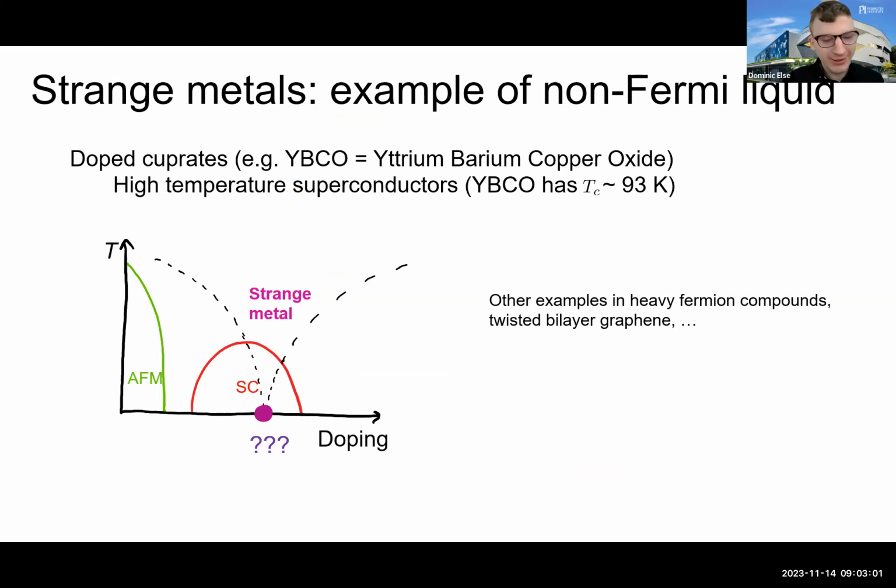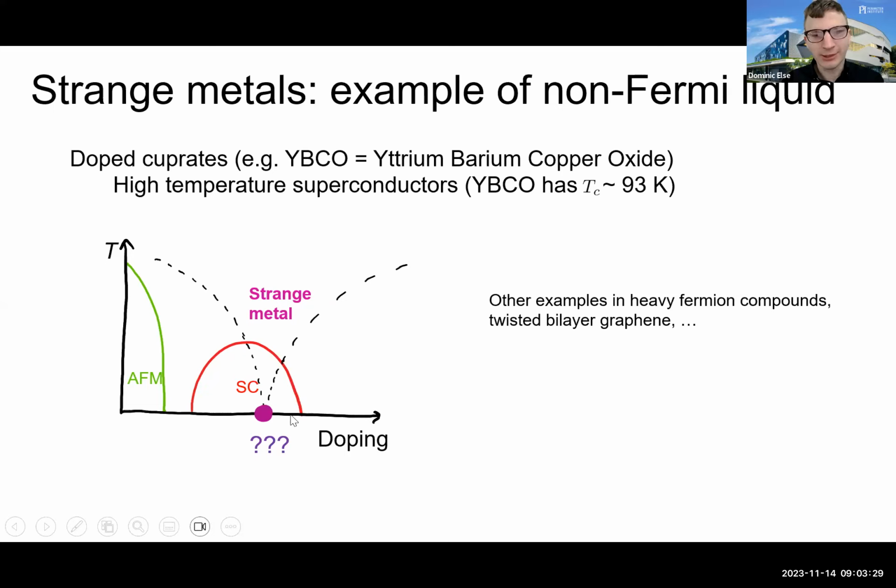There are strong practical reasons why we should try to understand non-Fermi liquid metals. There are many materials in which we do see this non-Fermi liquid behavior. A famous example is the high Tc cuprates, such as YBCO, which originally became famous because they host high temperature superconductivity, but there's a lot of other interesting stuff going on in the phase diagram.